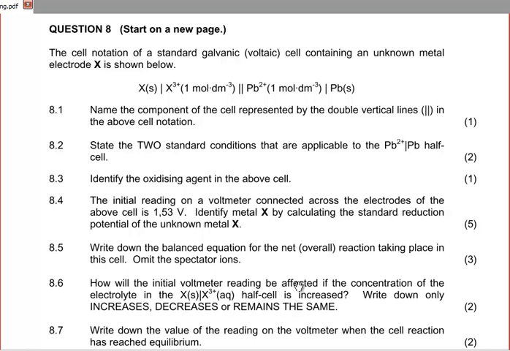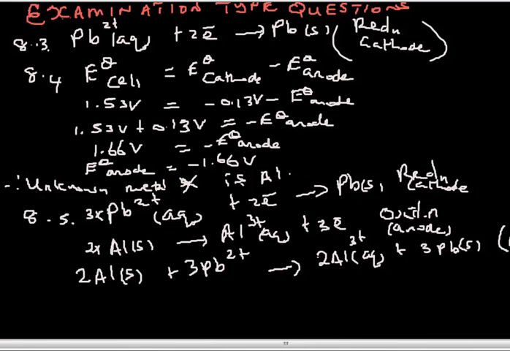So as if we are going to increase the concentration of our aluminium 3+, the initial voltmeter reading itself is going to be affected, in the sense that this one is a product, and as a result, if we are going to increase the product, it will favor the backward reaction.